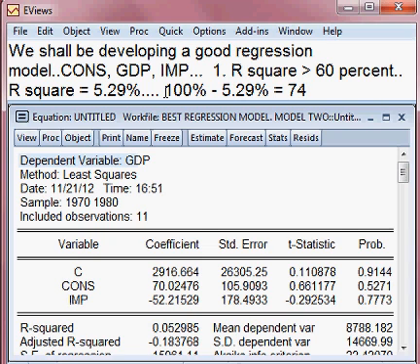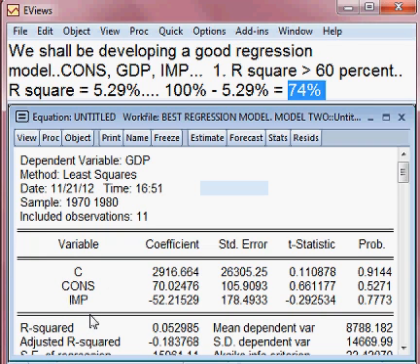How much is the rest? Suppose I take it 74%. So what does 74% mean here? It means that 74% fluctuation or variation in GDP can be explained by other variables which are not included in this regression model, right?